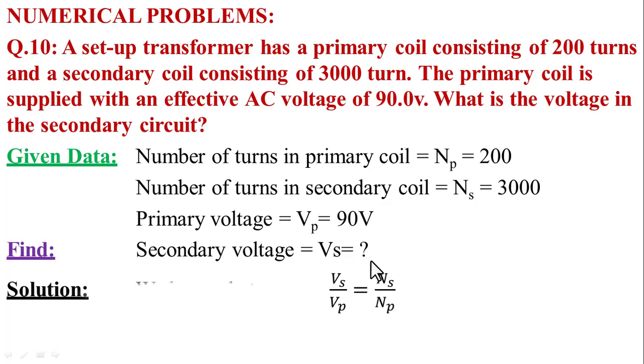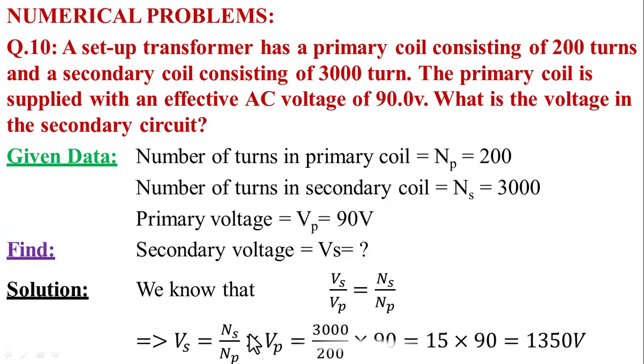Using the formula to find the solution, we know that Vs over Vp is equal to Ns over Np. This implies that Vs is equal to Ns over Np multiplied by Vp. So putting the values, Vs is equal to 3000 divided by 200 multiplied by 90. 3000 divided by 200 is equal to 15.